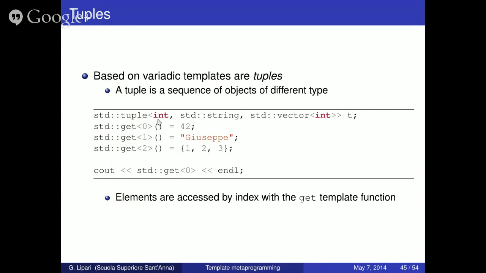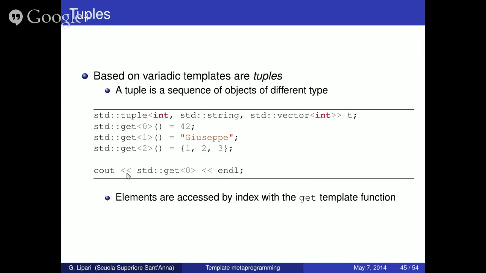A tuple is a structure which contains an integer, a string, and a vector of integers. You can access the first with std::get<0>, 42. So this is going to access the first parameter of this tuple, which is an integer. The second parameter is going to be my name, and the third parameter is a vector of integers.